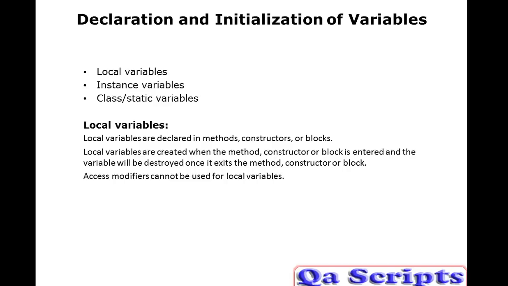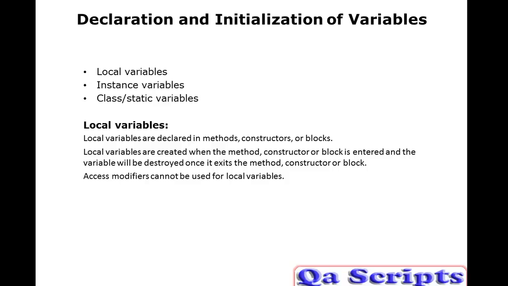There are some access modifiers. Access modifiers in the sense we have some keywords. Those keywords make your variable accessible to another class or another method. The visibility of your variable is going to change based upon the usage of your keyword. Those keywords we call access modifiers.